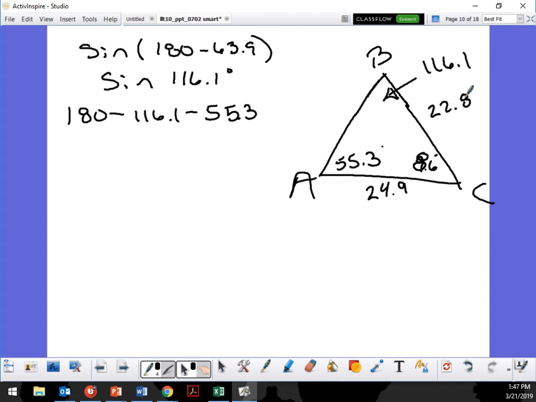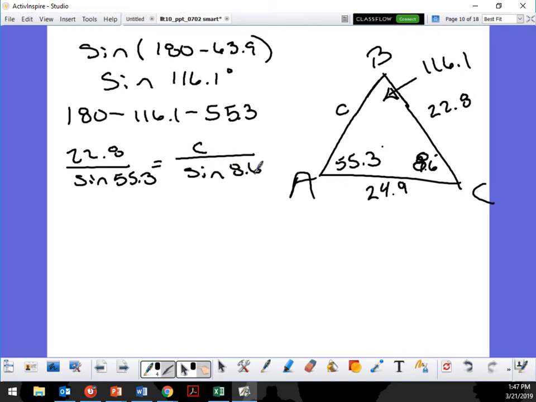Okay, so let's find little c. I'm going to start off with 22.8 over sine of 55.3 is equal to little c over sine of 8.6.